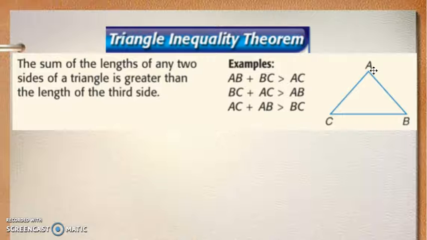Therefore, if we look at this example, side AB, if I add it with side BC, that sum must be greater than the length of AC. And then pick 2 different sides. BC plus AC must be greater than AB. That has to work for all 3 pairs.